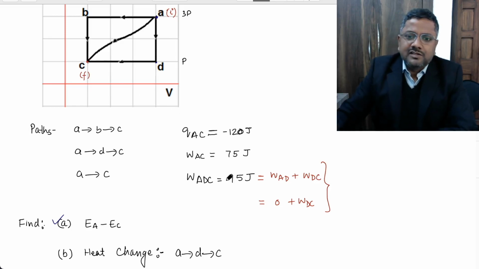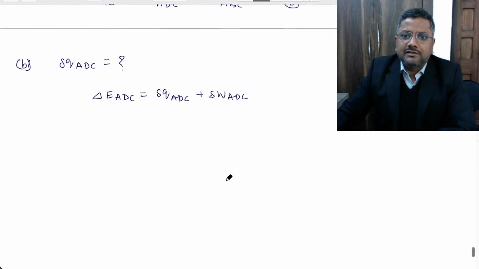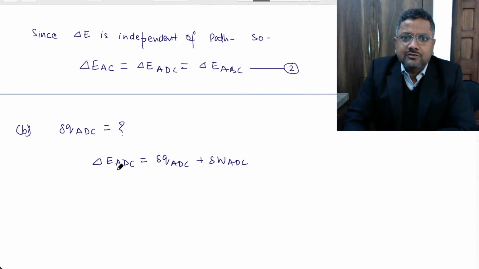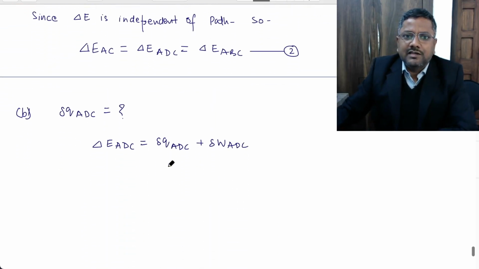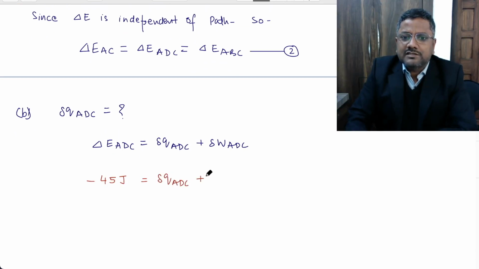So in place of delta E you have the value minus 45 joules. You want to calculate delta Q ADC, plus you have this value, 95 joules.